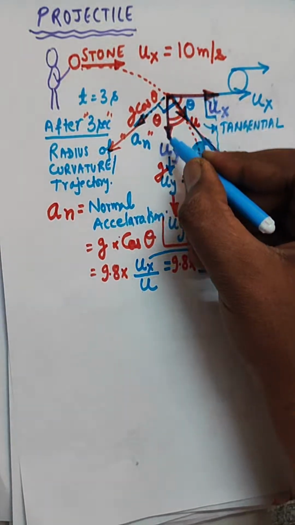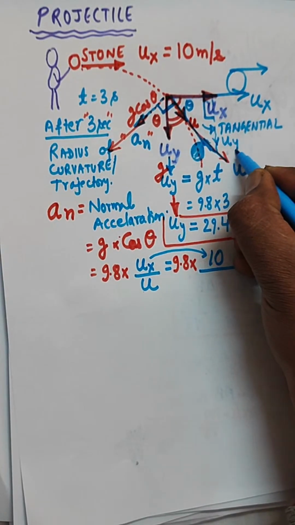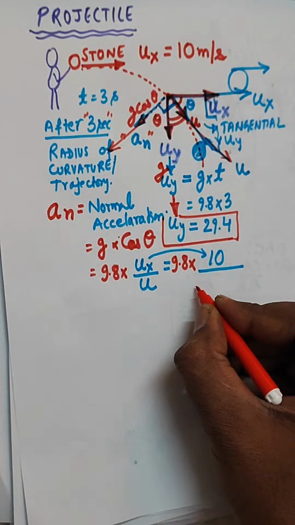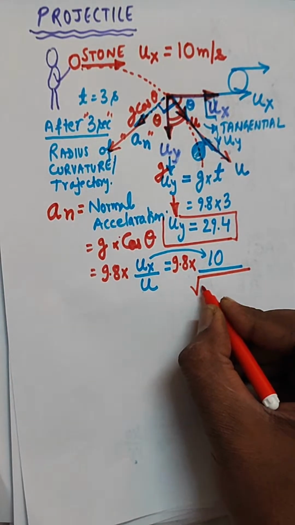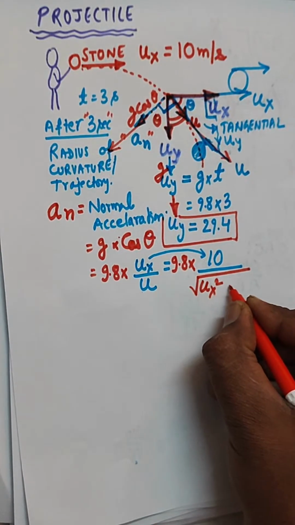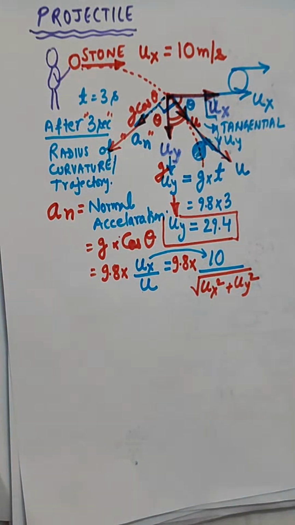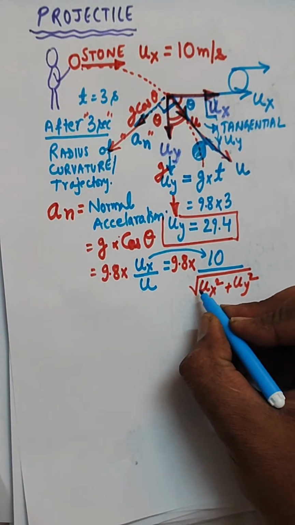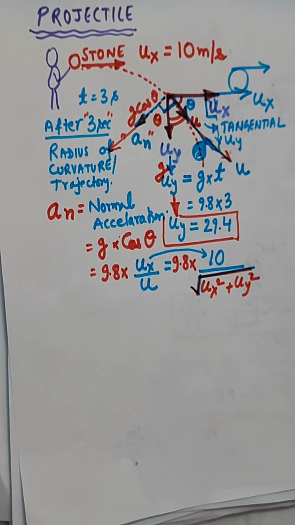Here ux, uy is there, so you can also consider the component uy. The value of the hypotenuse is your resultant vector, which is root over ux square plus uy square, isn't it? If you just remember Pythagoras, you just recollect the things, right? This will be root over ux square plus uy square.